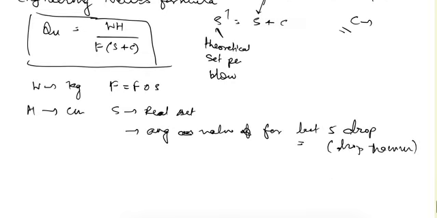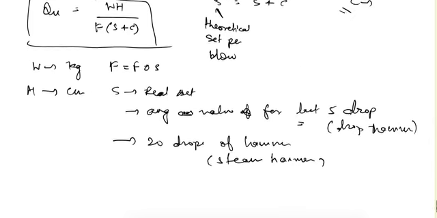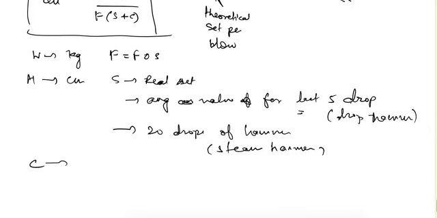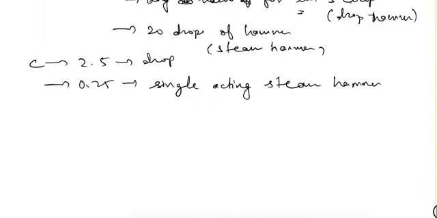If we are using a steam hammer, it is taken as the average of the last 20 drops of the hammer. The value of C is taken as 2.5 for a drop hammer, and it is equal to 0.25 for a single acting steam hammer. And that is this formula.